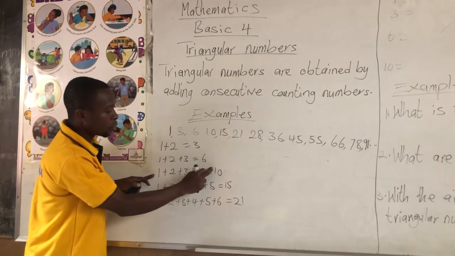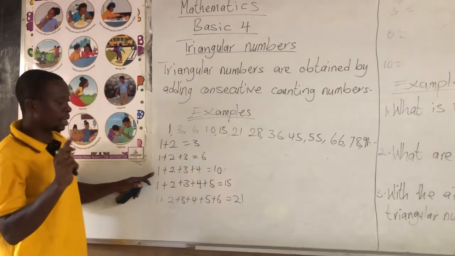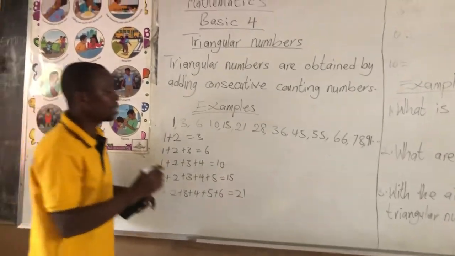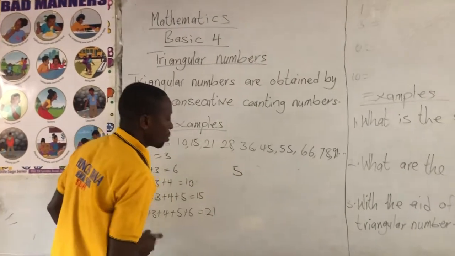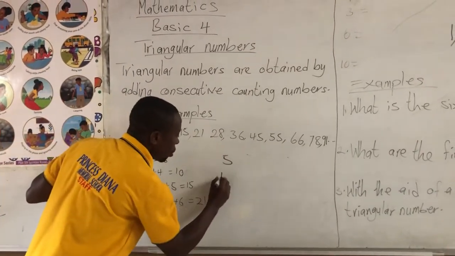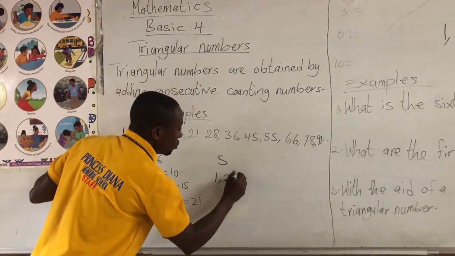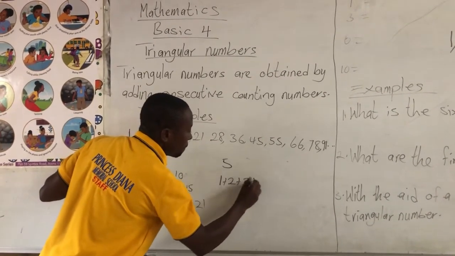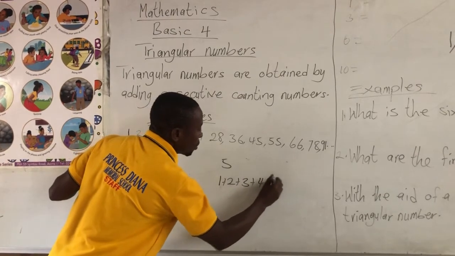When we want to determine a triangular number, for example the fifth triangular number, we continue to count from 1 up to 5: 1, 2, 3, 4, plus 5.